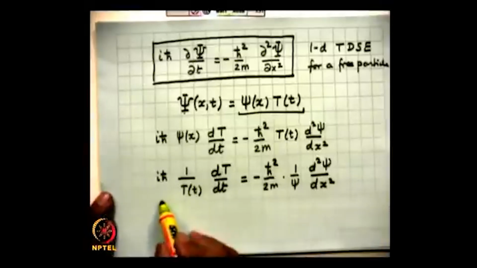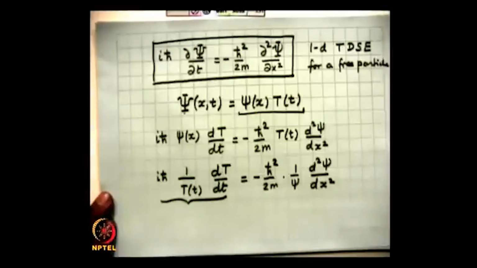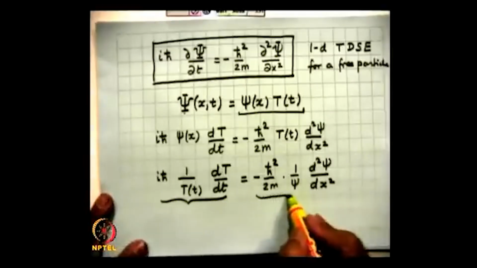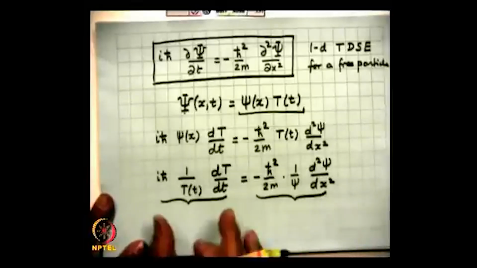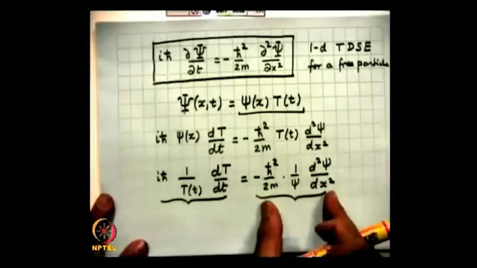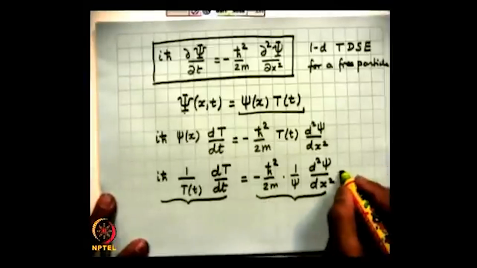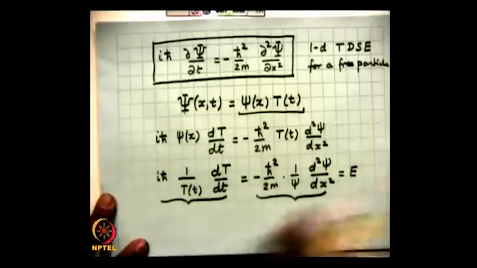Now, this on the left hand side is a function of time and the right hand side is a function of x. So, a function of time cannot be equal to a function of x unless both of them are equal to a constant E.